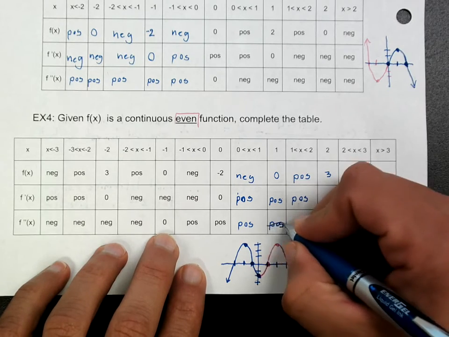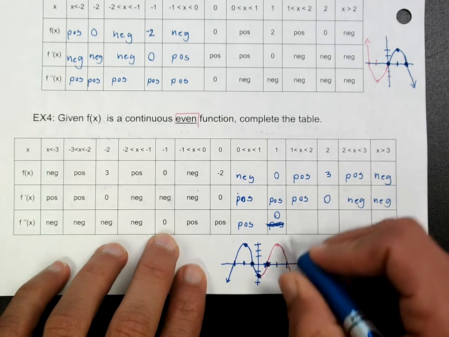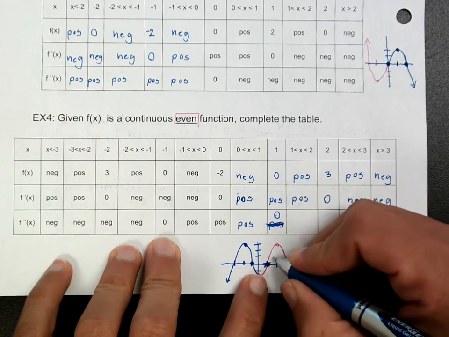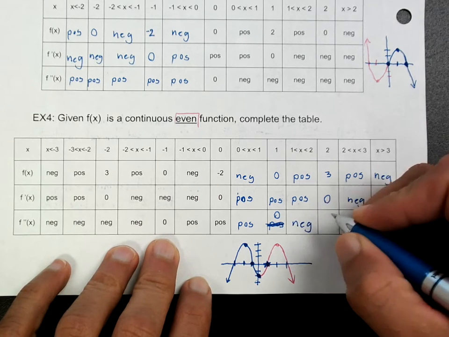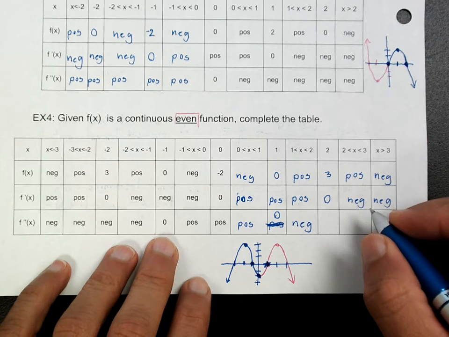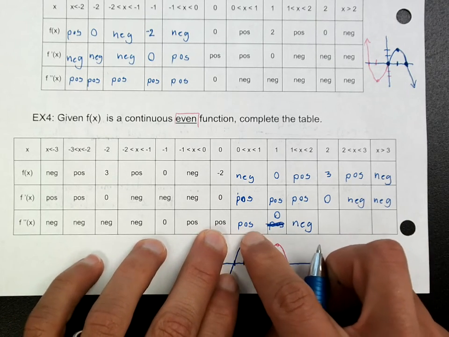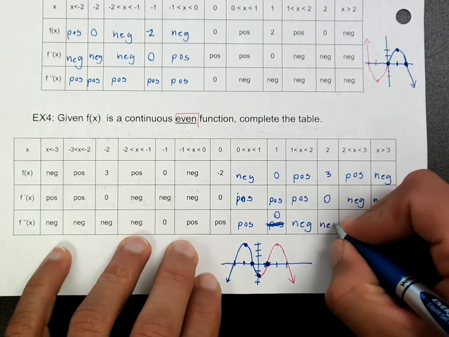Excuse me, that's 0. Yeah, so right here, remember I have a point of inflection, so the second derivative is going to be 0. All right, after that, between here and here is going to be concave down, which will make that negative. Okay, let's see, where am I at here now? Positive, 0, negative, and then negative the rest of the way.